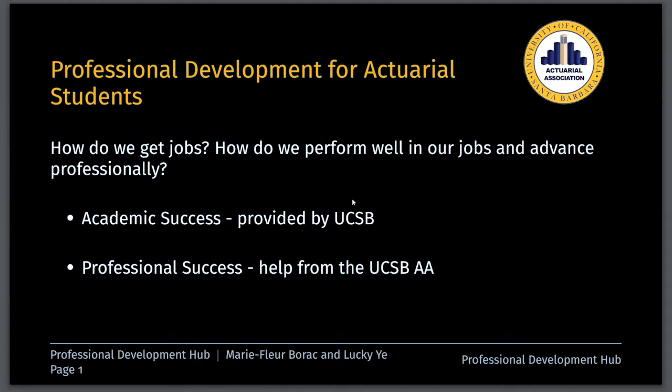The breakdown of it is that professional development for actuarial students is made up of two components: academic success and professional success. You promote your academic success through various courses provided by the university, of course, by doing well in your classes and stuff like that.